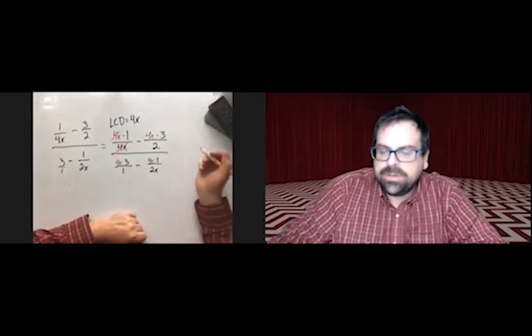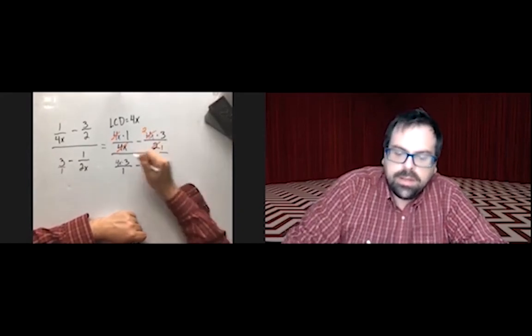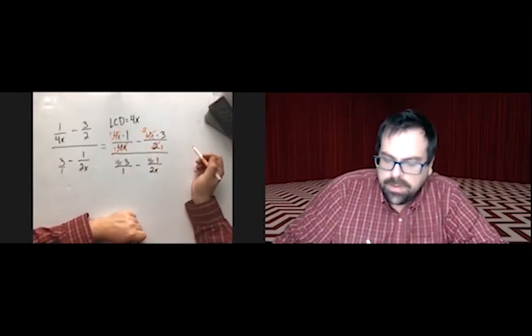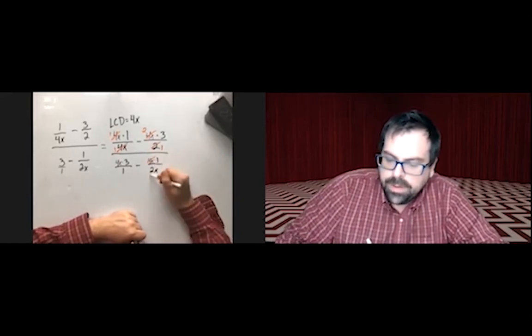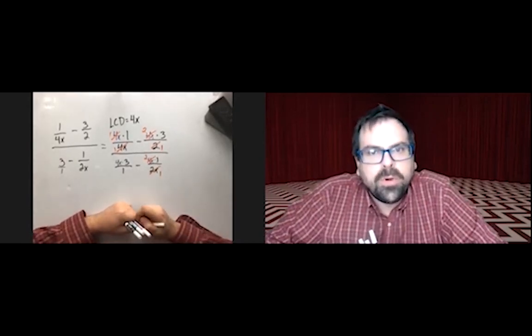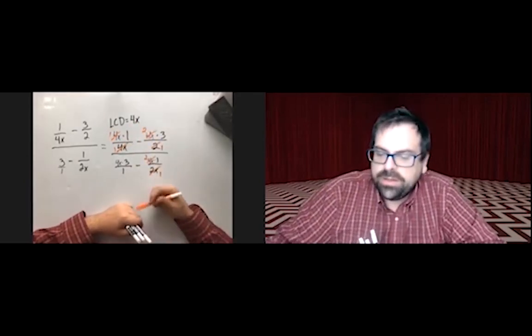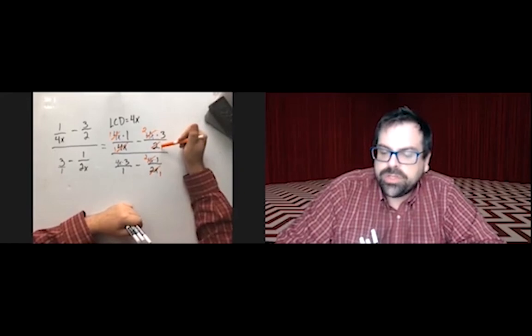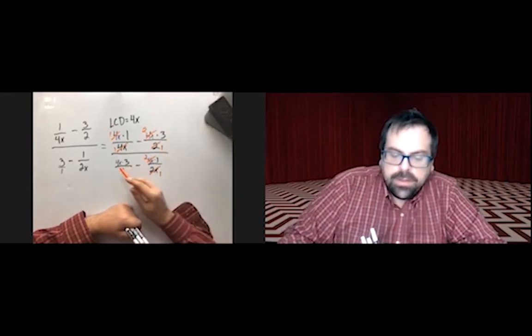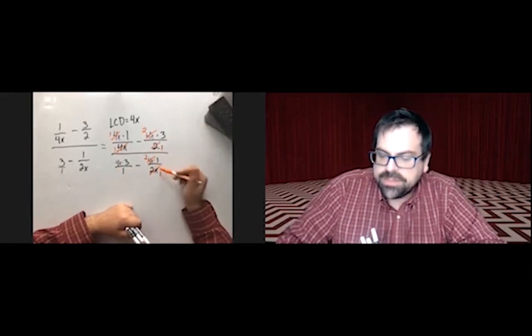Things are going to cancel in such a way that there are no more fractions inside of the fraction. 4x over 4x is 1 over 1. 4x over 2 is 2x over 1. Over here, nothing changed. Over here, 4x over 2x is 2 over 1.